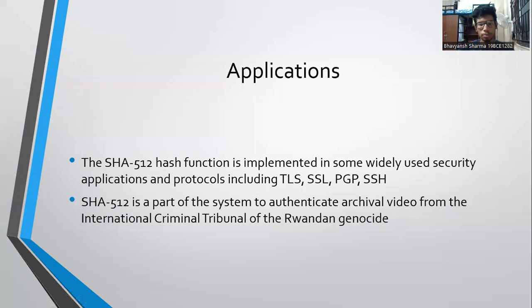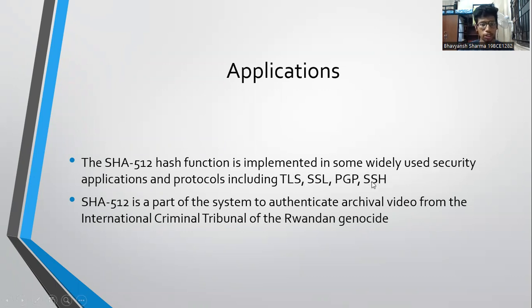Now coming to the applications of SHA-512. The SHA-512 hash algorithm is very secure and very encryptive by nature, and it is also used in protocols including TLS, SSL, PGP, and SSH keys.